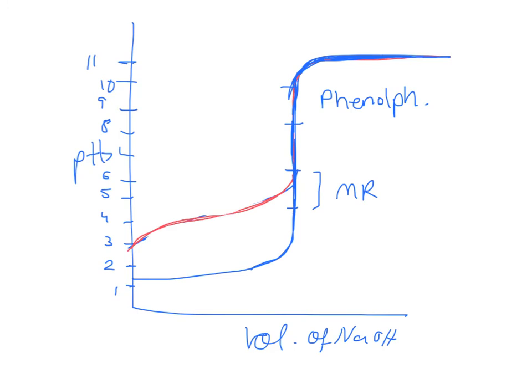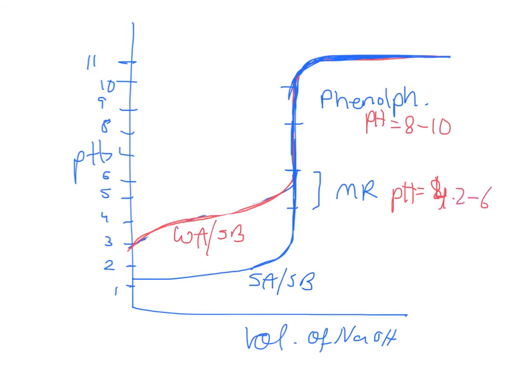So on this sketch, you are seeing again the strong acid, strong base in the blue, and you're seeing the weak acid, strong base in red. And I have two indicators here. I have phenolphthalein, which changes color when the pH is between 8 and 10, and I have methyl red, which changes color at pH of 4.2 to 6.